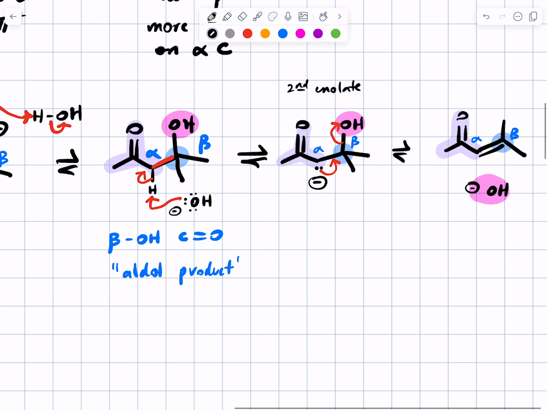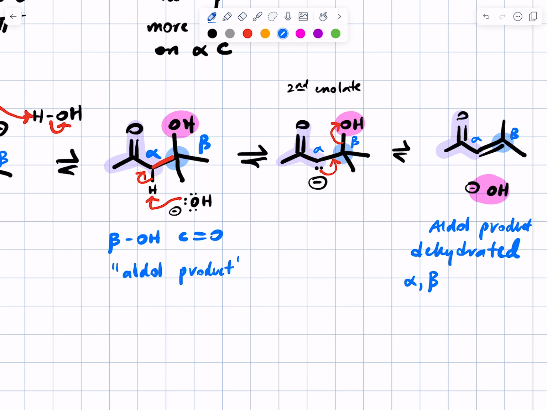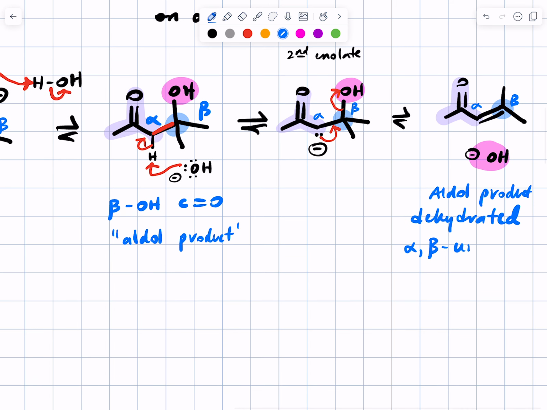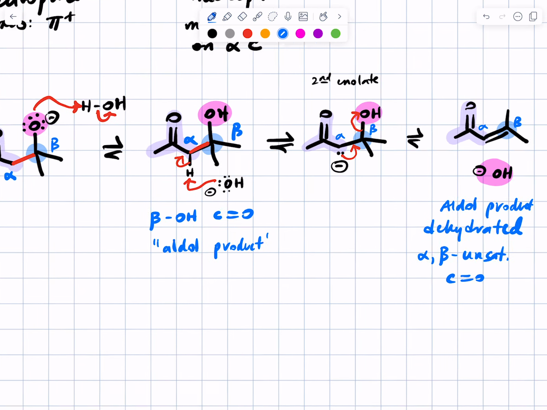And this is also an aldol product. It's the dehydrated version of the beta hydroxy carbonyl compound. It's also, you will recognize, an example of an alpha beta unsaturated carbonyl compound.